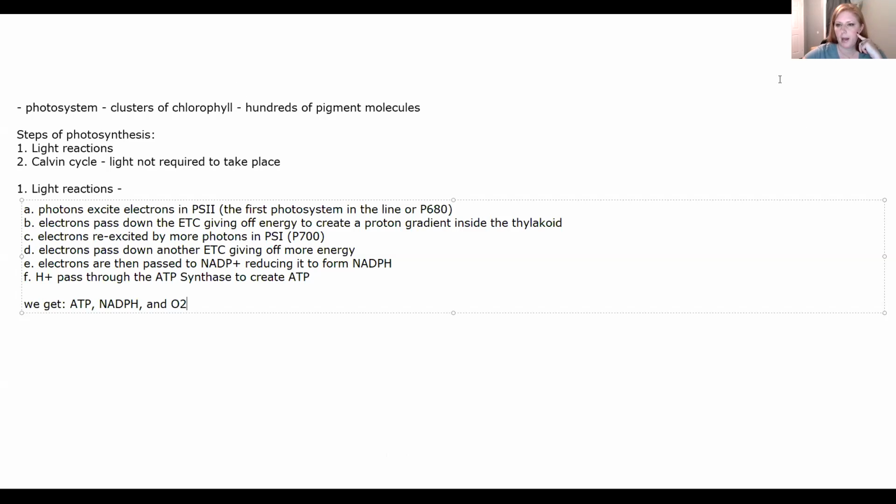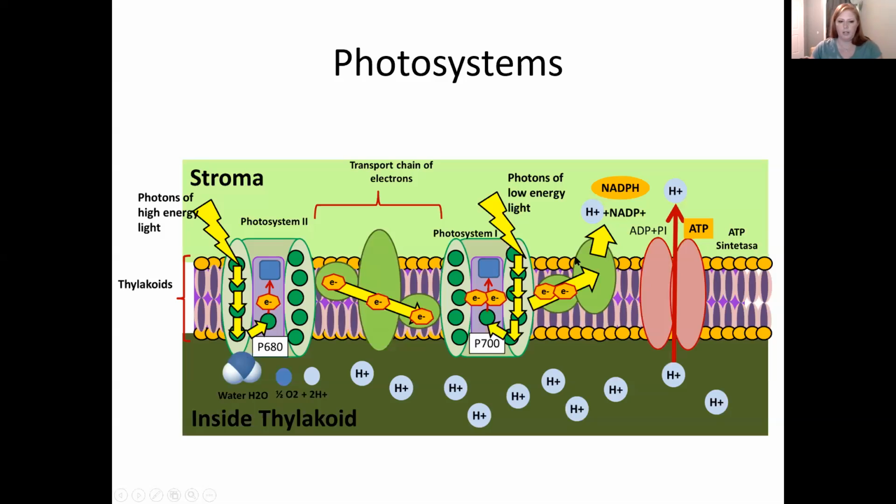Okay, I'm going to come back up here to my diagram. So again, I'm going to walk through it just like I did because I've given you the steps.